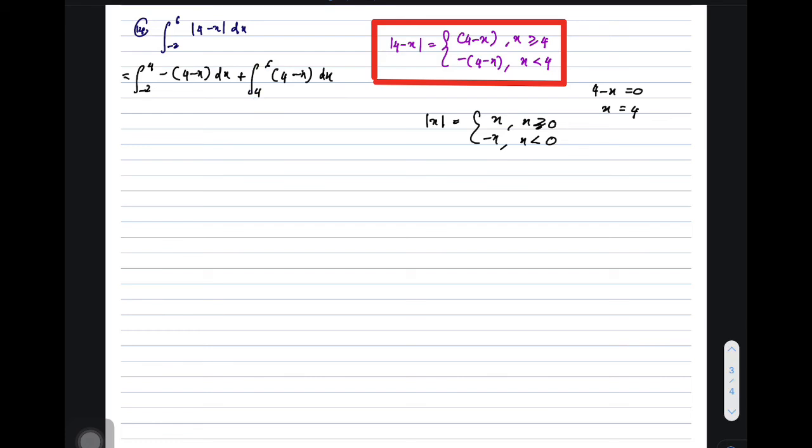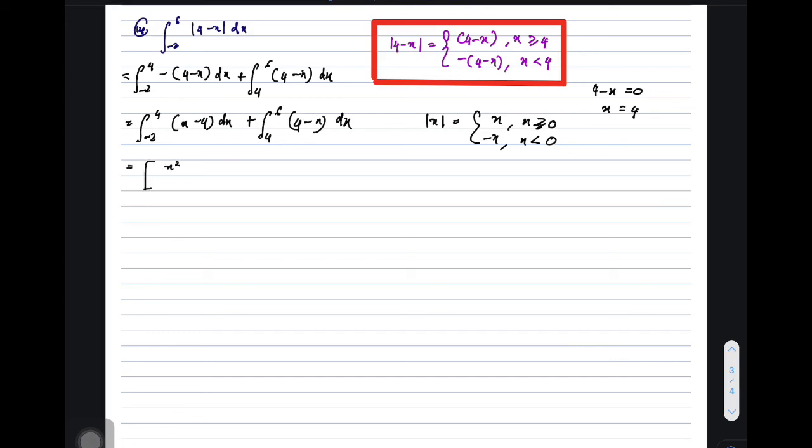When your limit is from 4 until 6, it is considered as larger than or equal to 4, so we substitute with this function, which is 4 minus x. So negative 2 until 4, this one is actually x minus 4 dx plus 4 until 6 of 4 minus x dx. I just rewrote the function.